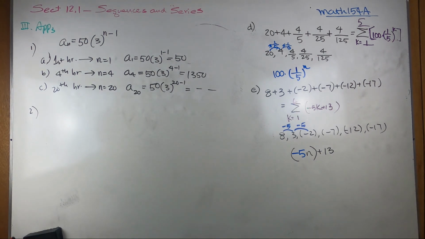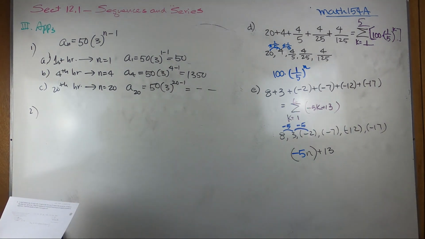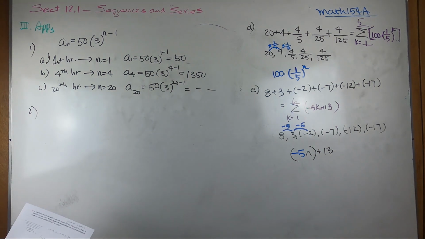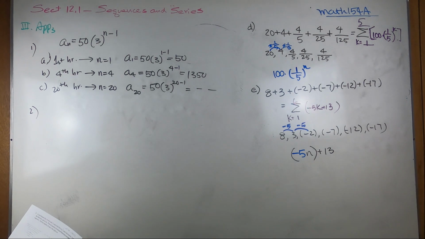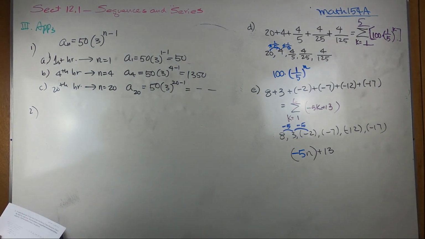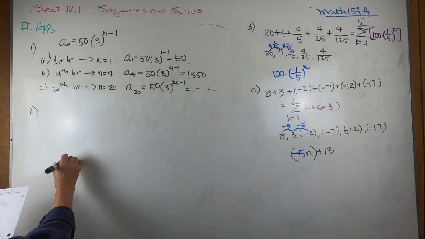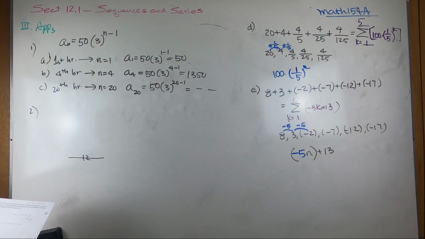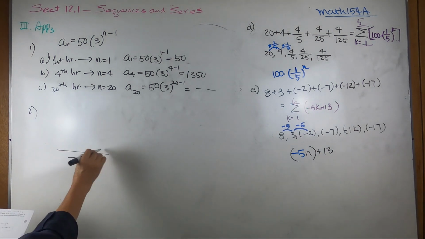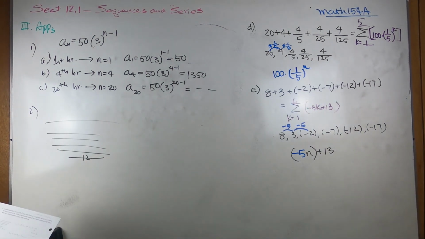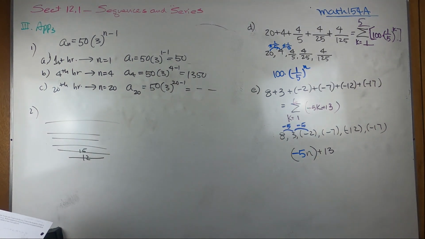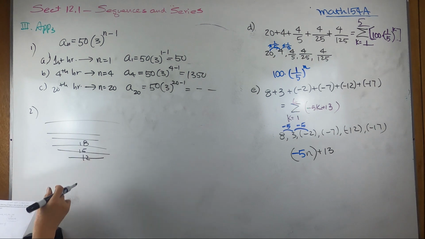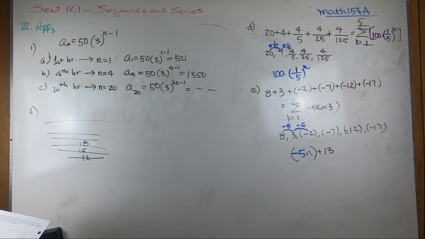Look at your next page, 57. Second example, it says, a small theater has 10 rows with 12 seats in the first row, 15 in the second row, 18 seats in the third row.